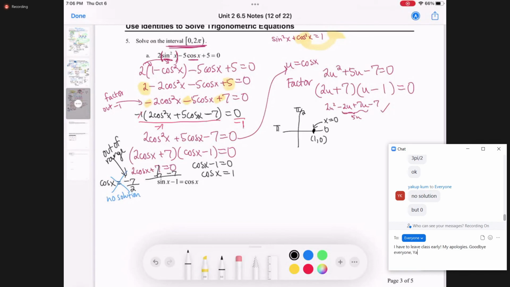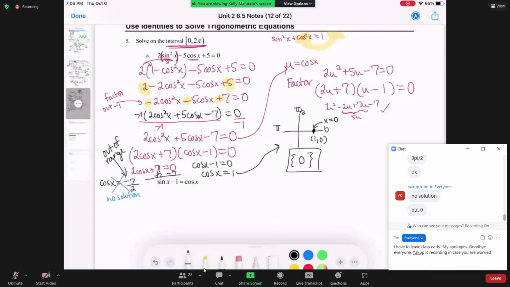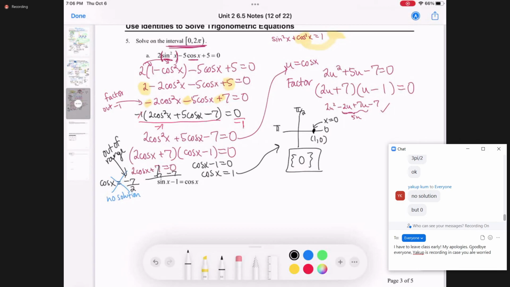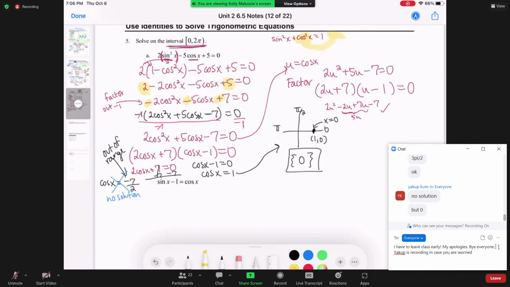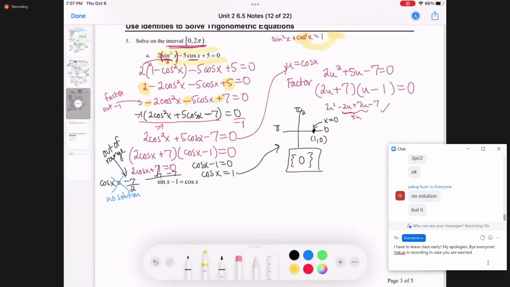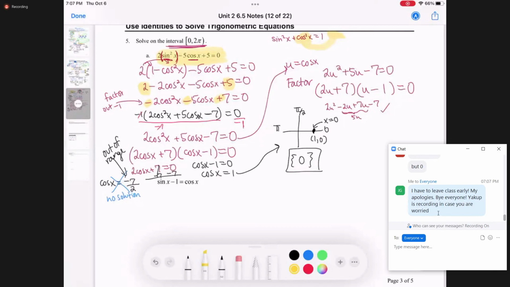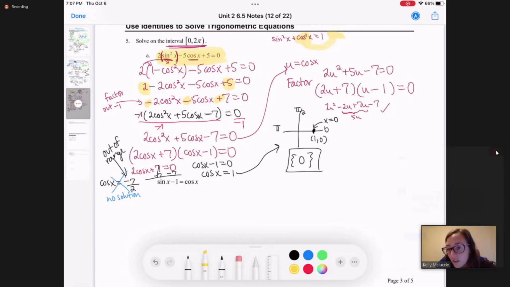So that's the drawing here, and my answer is just 0. Which is pretty neat, because this solution that we got works for the new equation, but it also works for this crazy looking original equation. We just rewrote it to be nice so that we could factor and solve.